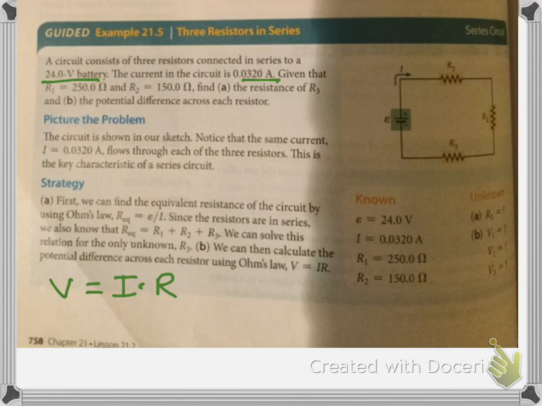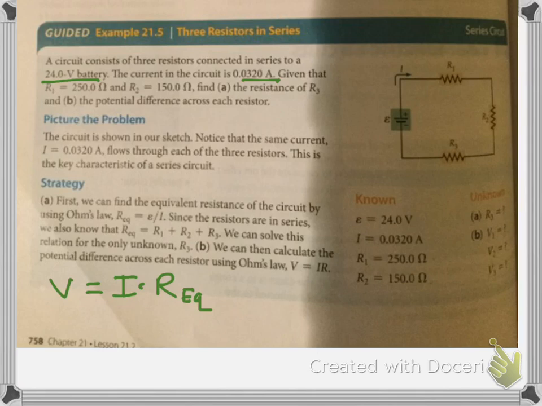So if I know the voltage and I know the current, I could easily find the resistance in the whole entire circuit. That would maybe be our first step, to figure out the resistance for the whole circuit, which would be called our equivalent resistor for the entire thing.